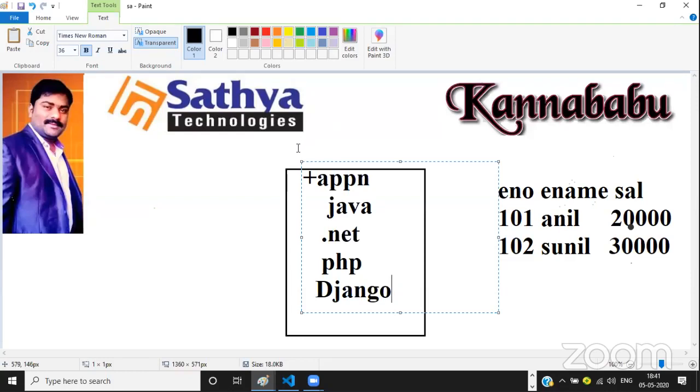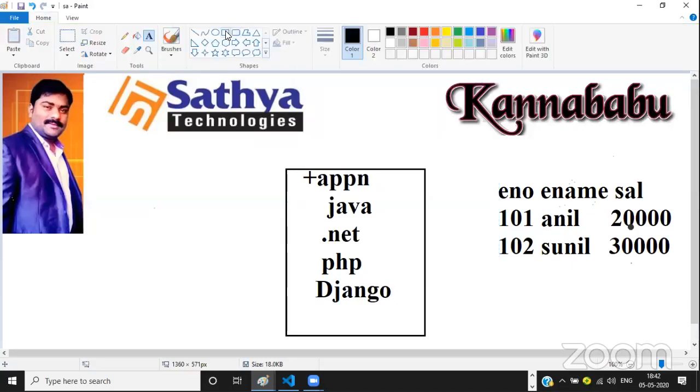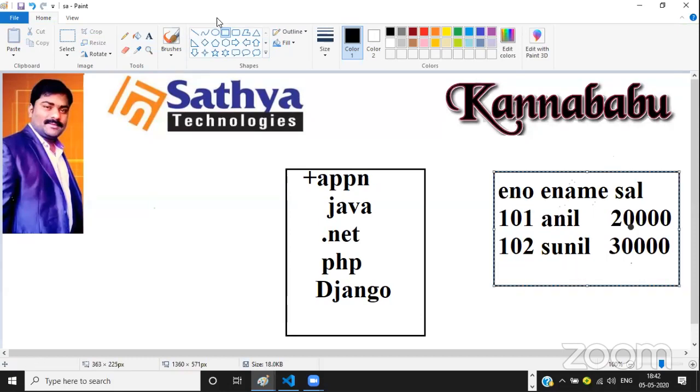Like Flipkart, IRCTC, ICICIbank.com, eBay.com, Amazon.com, Bookmyshow.com. These are all applications. These applications will communicate with what? Database. So you are a developer, no?